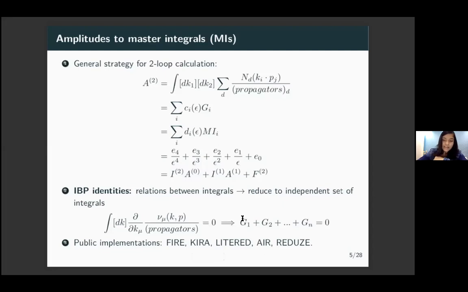So sometimes just getting these IBP identities is a non-trivial task by itself. And the proof of that is that there are various implementations available in the market, which go by these names: FIRE, Kira, LiteRed, Air, Reduze. And actually it's still going on.